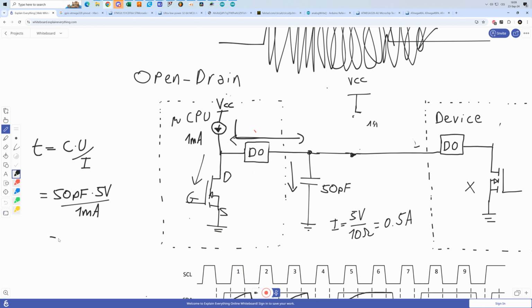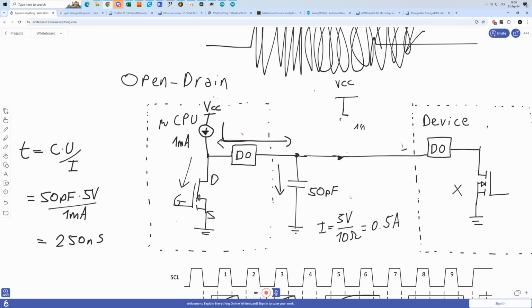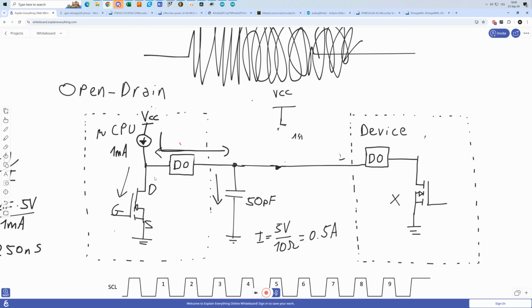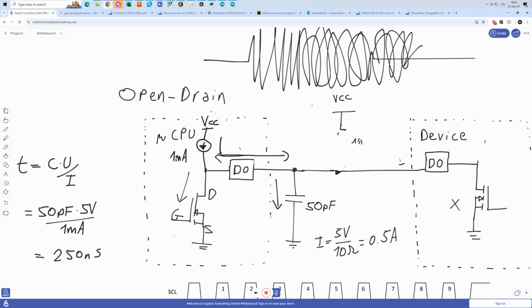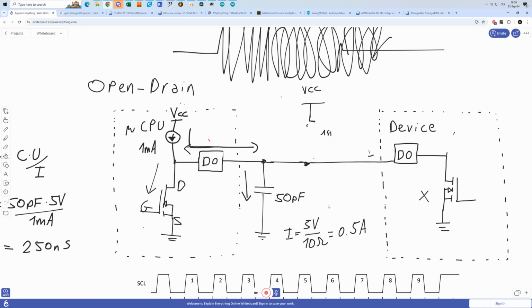And if you do the calculation, you will find out this is 250 nanoseconds. So that's quite substantial time. If we want to use some megahertz frequencies to communicate, 250 nanoseconds is a very long time, and the bus may not work properly. So that's a big problem with these pull-up or pull-down resistors, because they are actually current sources and they can only deliver very low current.